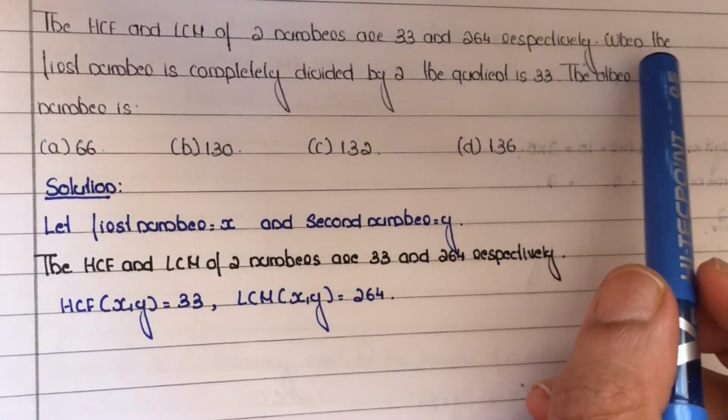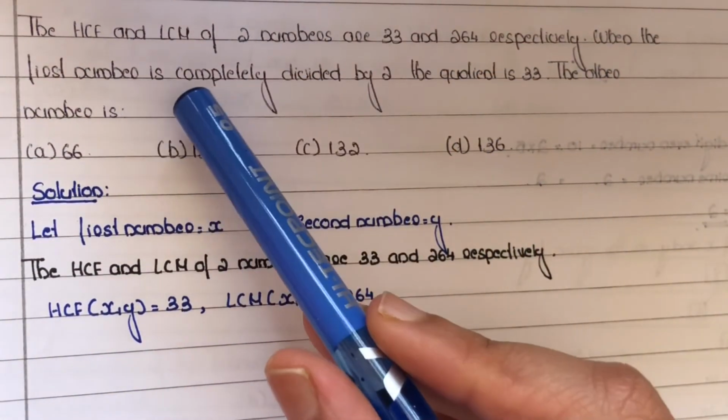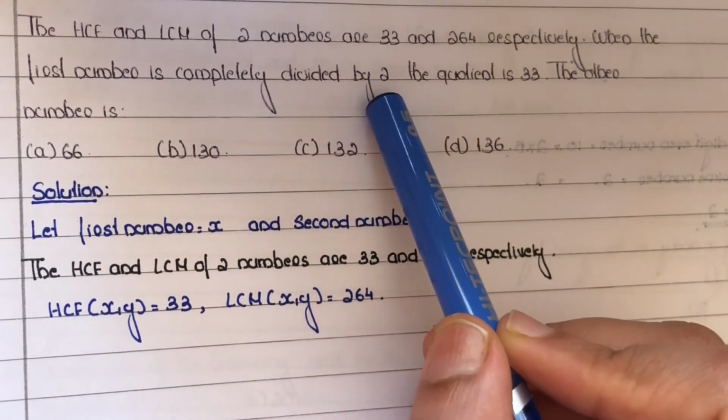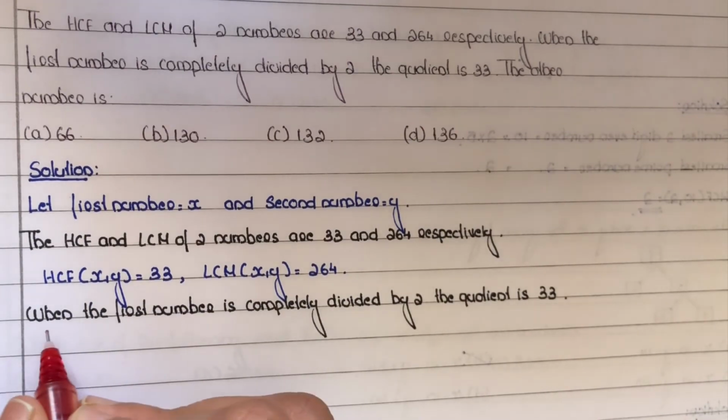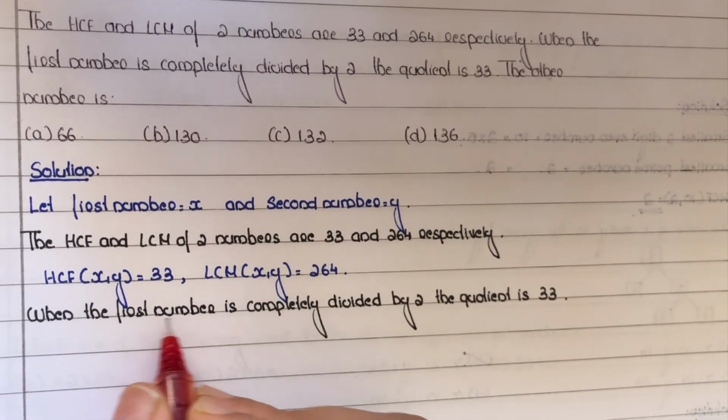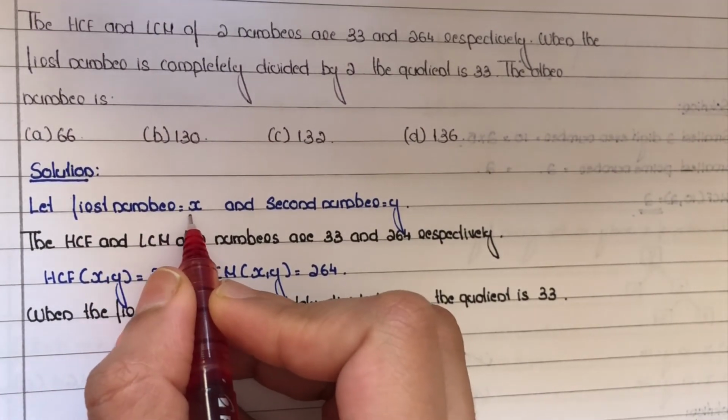Now consider the second line. When the first number is completely divided by 2, the quotient is 33. Here what is the first number? We assumed it as x, right?